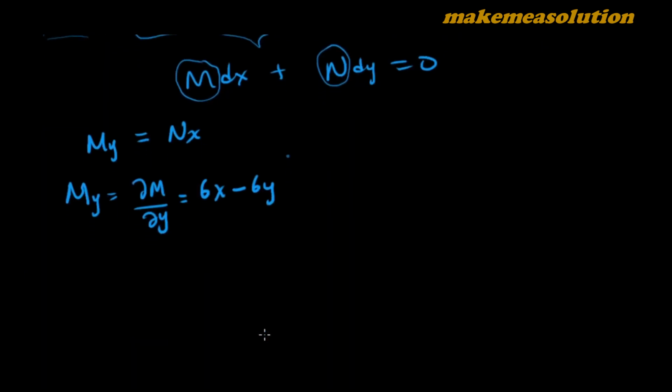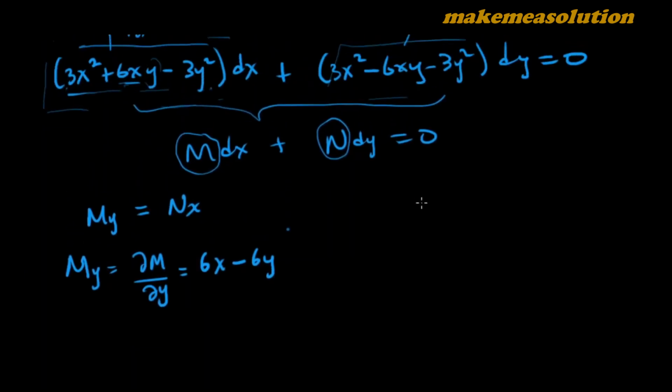So let's check Nx to see if Nx will be the same. Nx is the partial derivative of N with respect to x, and this is our N over here. So we want to differentiate it partially with respect to what? x. So to differentiate it with respect to x partially, you take every term of y as a constant for the time being, and treat x as the varying variable.